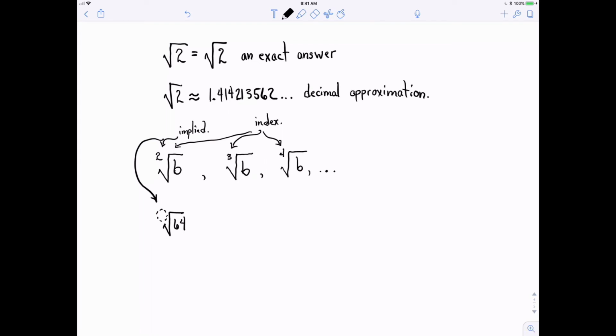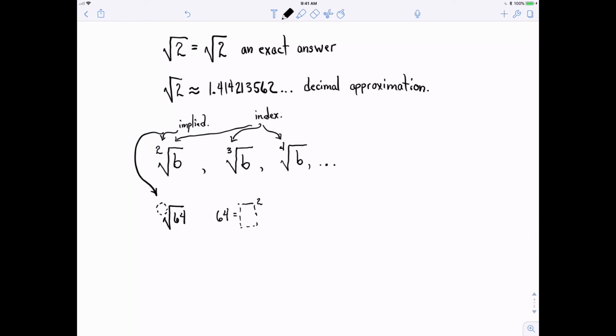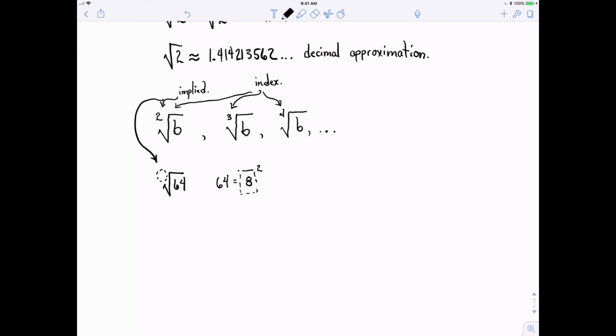And what we said is, to take the square root of a number, if you can write 64 as something squared, then you found the answer. Well, 64 is the same as 8 squared. So the square root of 64 is equal to 8 squared, so the result is 8.